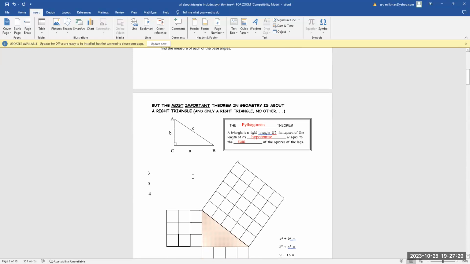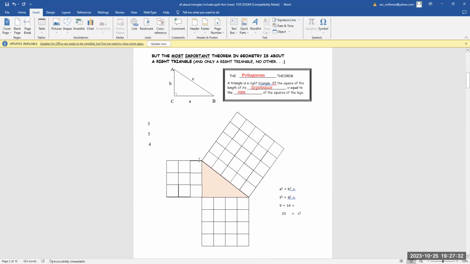In the illustration I have down below on the page, I have drawn a right triangle, even though it's not marked with a little square right here. But I wanted to illustrate for you this geometric form, which consists of a length of 3 for this leg, represented by those 3 squares, and a length of 4 on this side, represented by those 4 squares.